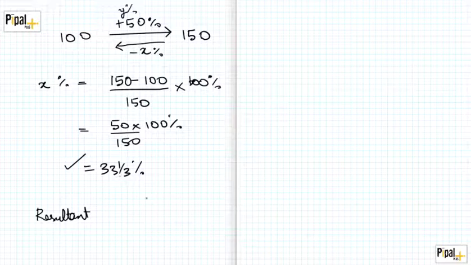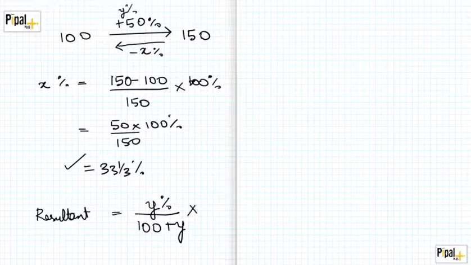Then my resultant percentage reduction will be Y divided by 100 plus Y, into 100%. Actually, I don't need the percent sign on Y here because I'm putting in 100 later. So my resultant change becomes Y divided by 100 plus Y into 100%, because this Y symbolizes the change and 100 plus Y becomes the new base that I must use.